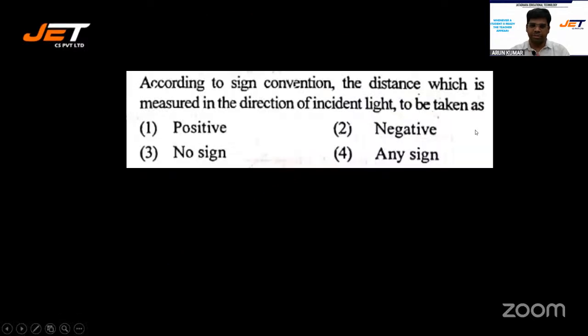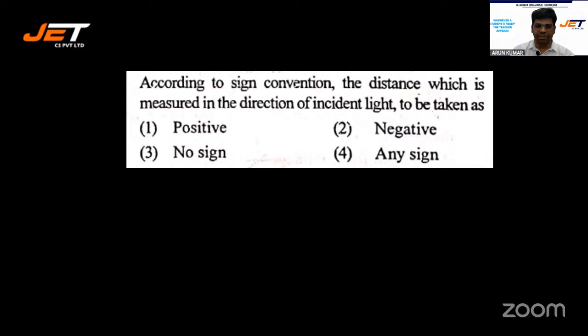Here's the question, students. Read the question and choose the correct option. Yeah, sign convention. Look at the sign convention, students.